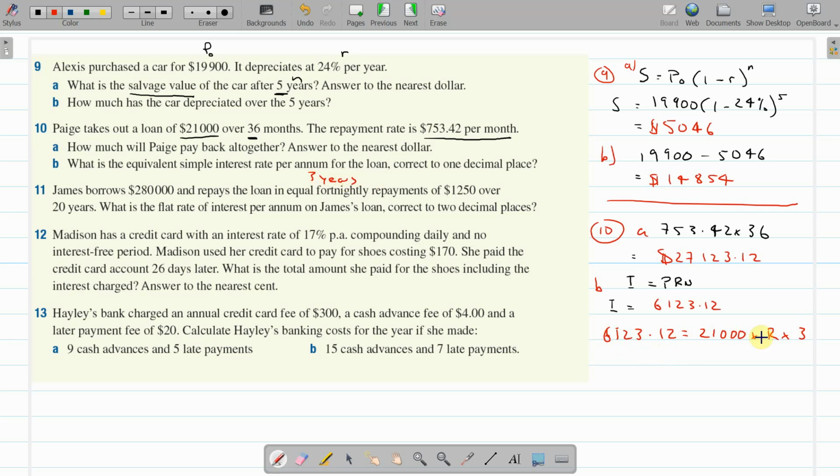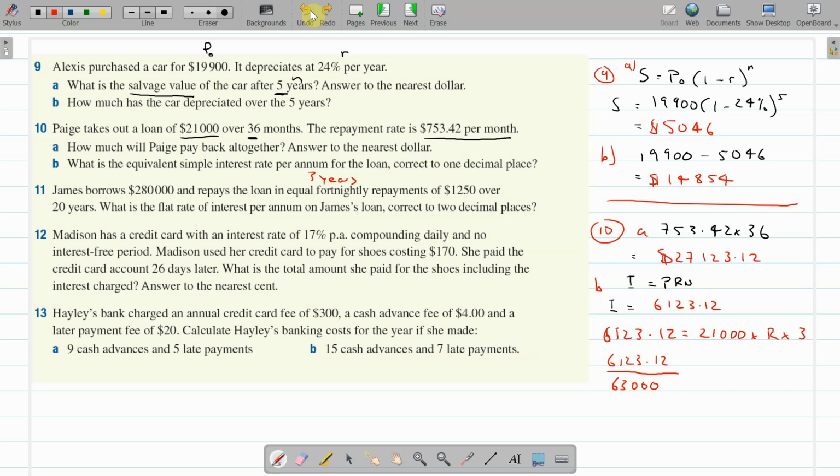How to rearrange this a bit to isolate the R. We're going to divide because there's a lot of multiplying here. So we're turning it into a fraction because that's dividing. 21,000 times 3 is 63,000.